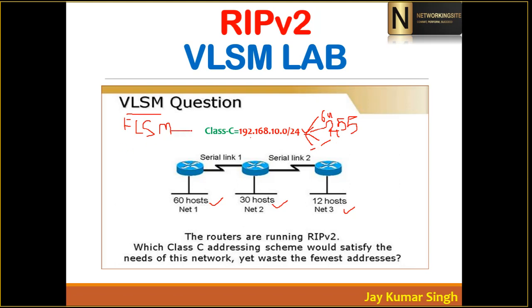That comes under FLSM. And VLSM means variable length subnet mask, where company A needs a different number of IPs, company B has a different IP need, company C has a different IP need. So that is VLSM.